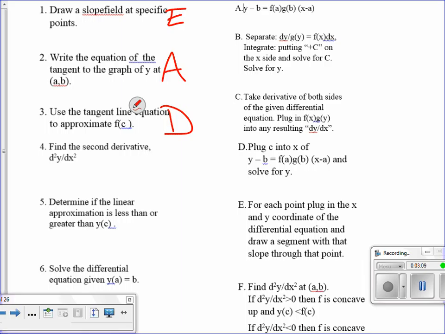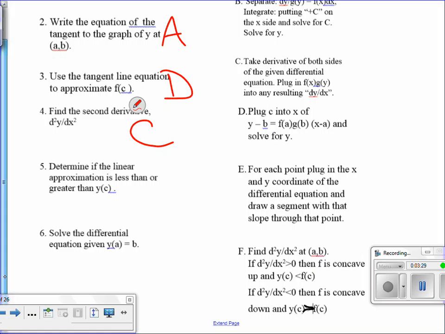How would you do that? C. Take the derivative of both sides of the differential equation, and anywhere you'd have a dy/dx, replace it with its equivalent, f of x g of y. So you guys were right so far. But you could still mess up, right? 2 left. You could get them both wrong.